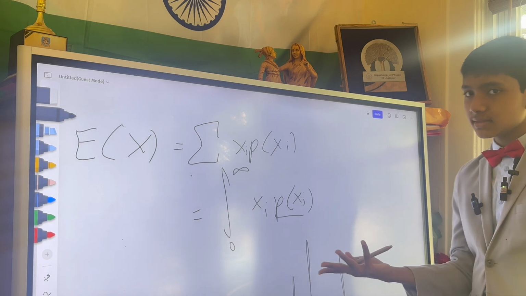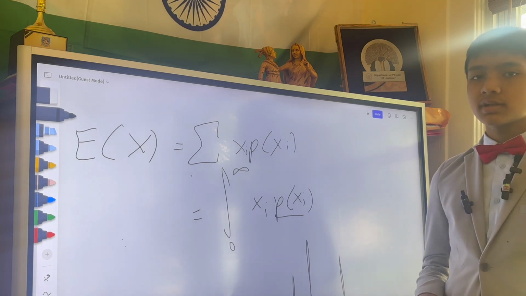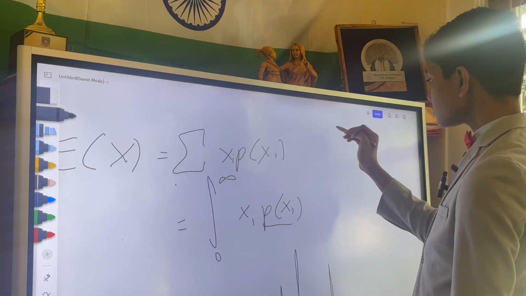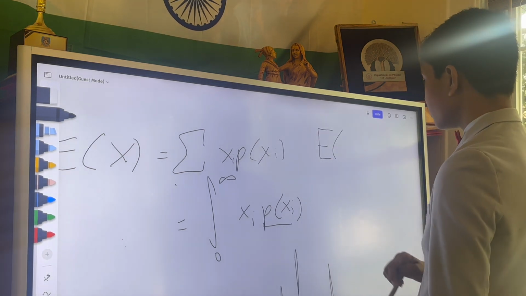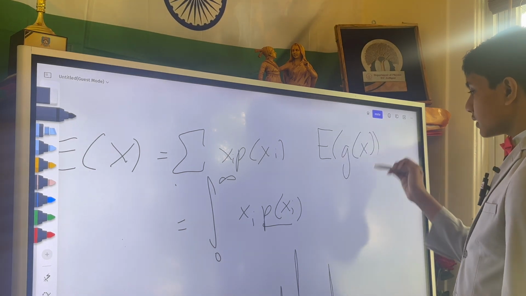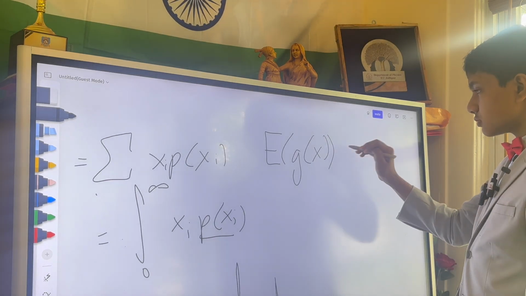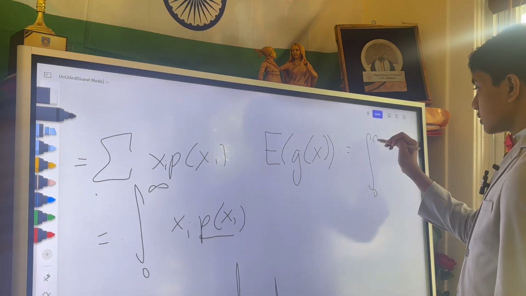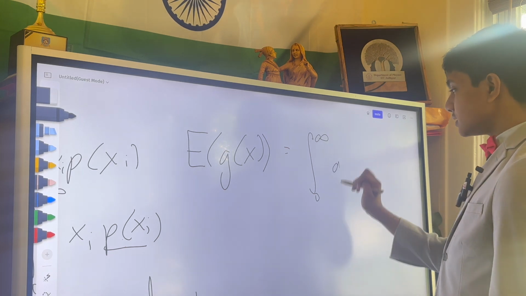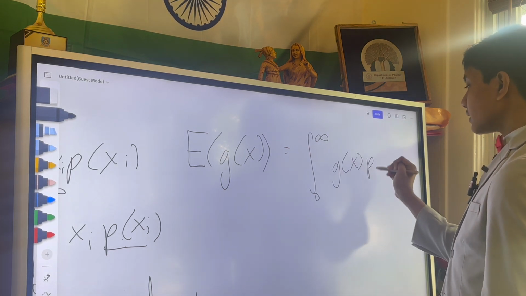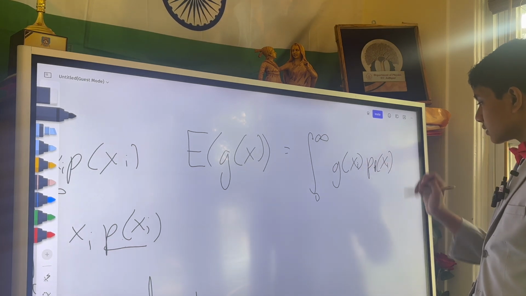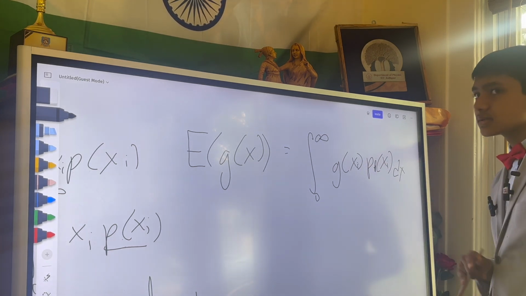Now, this is a little bit easier to get your grasp on. But what's not as easy to get your grasp on is this. The expected value of g of x, for example, is going to be equal to the integral from 0 to infinity of g(x) p(x) dx.